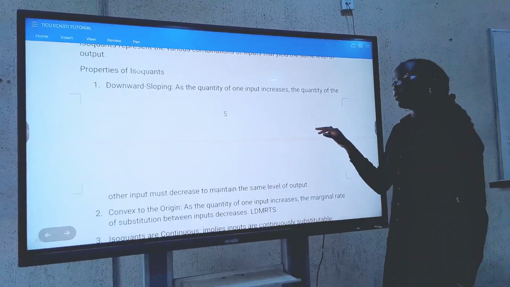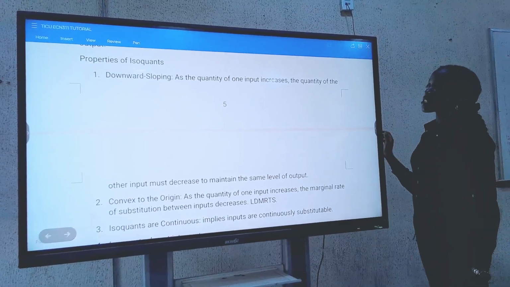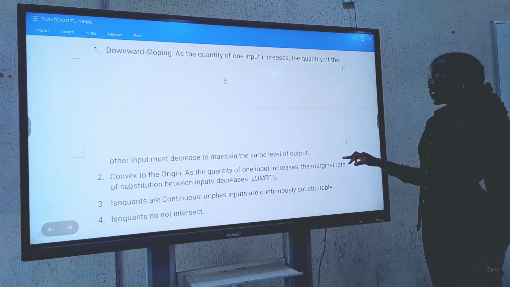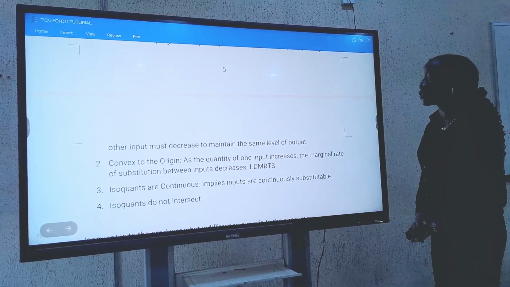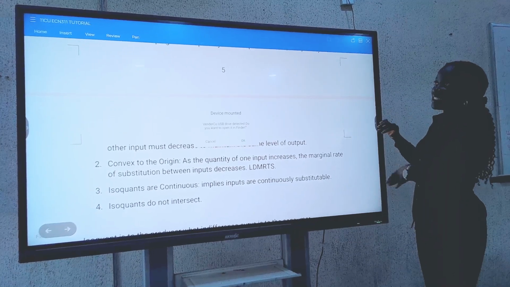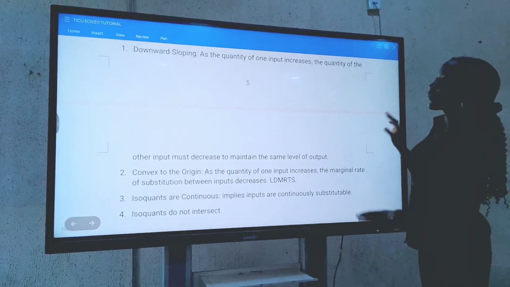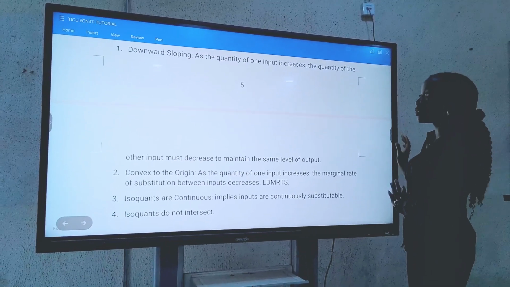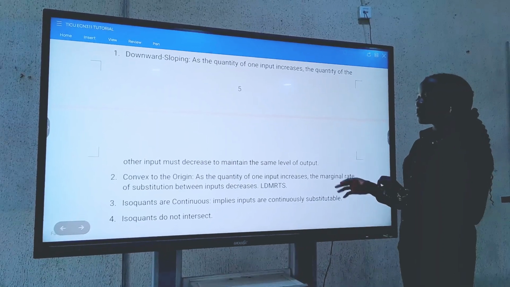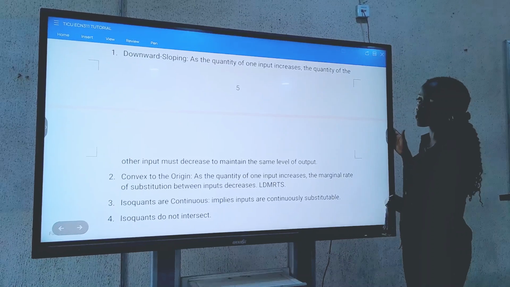Then properties of isoquants. We have isoquants are downward sloping. That means as the quantity of one input increases, the quantity of the other input must decrease to maintain the same level of output. So if I want to produce this board and I employ 2 units of labor and I use 5 units of capital to produce the board, if I want to increase my labor, that means capital must decrease to produce the same output.